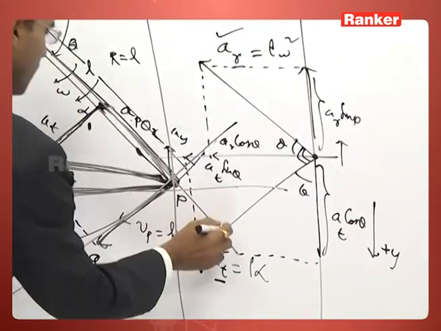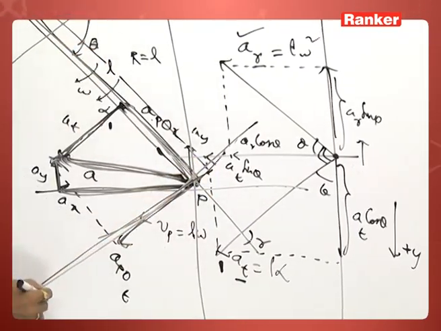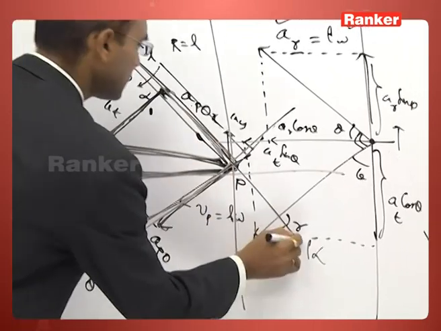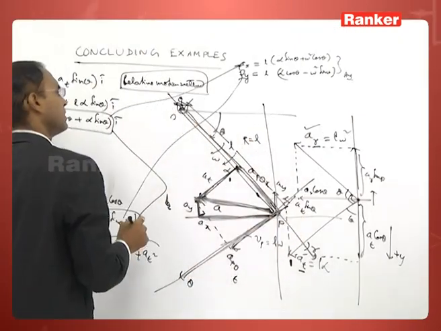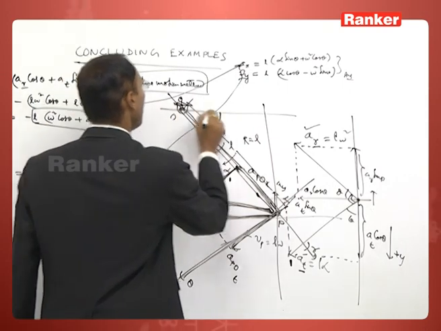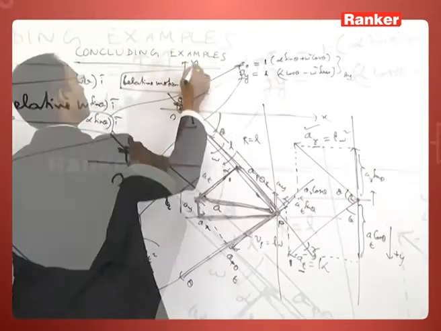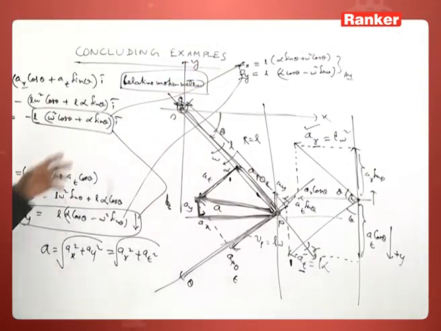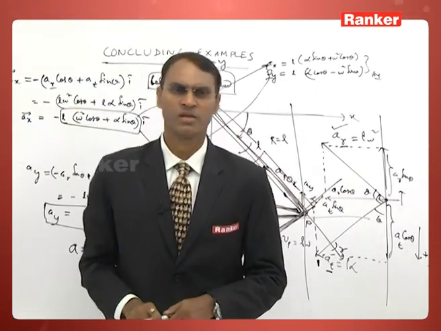The radial axis is called r axis and tangential axis is called theta axis. In ground frame method, we took x axis and we took y axis. Both the methods are self-sufficient. Let's go for the other problem.